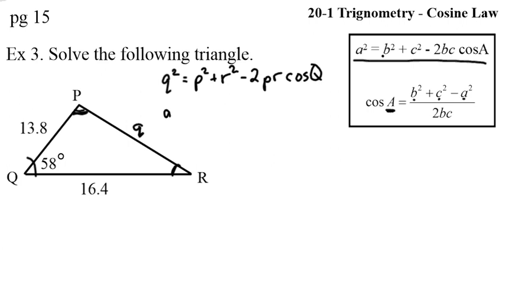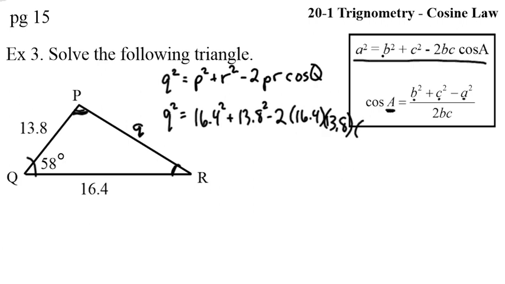Substitute into that. Q squared equals 16.4 squared plus 13.8 squared minus 2 times 16.4 times 13.8 times cosine 58 degrees. Lots, big long formula there.